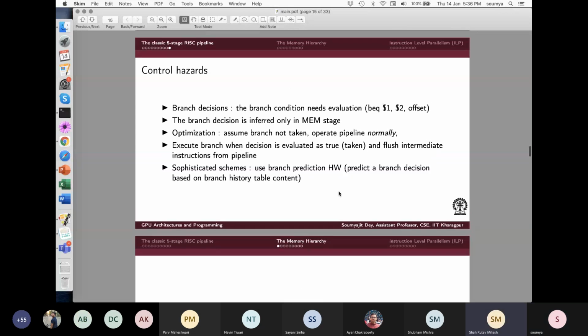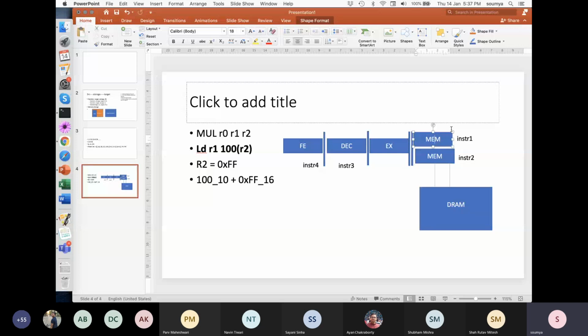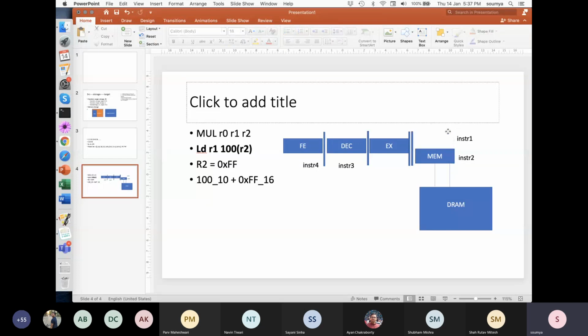Sir, how does this flushing operation take place? How do you flush the values which are already calculated or already loaded? Okay, so what you really have is, between each pipeline stage, these memory elements.